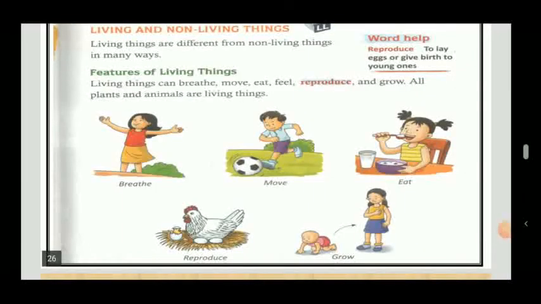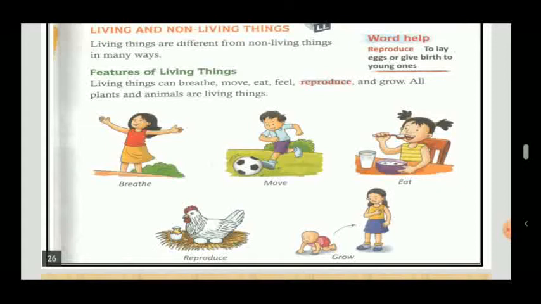Living and non-living things. Living things are different from non-living things in many ways. What is the meaning of reproduce? The meaning of reproduce is to lay eggs or give birth to young ones.